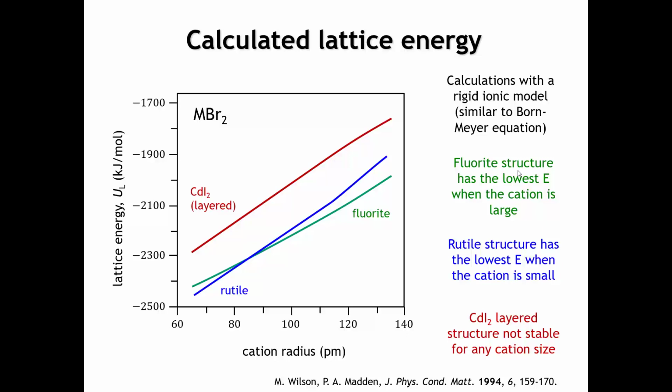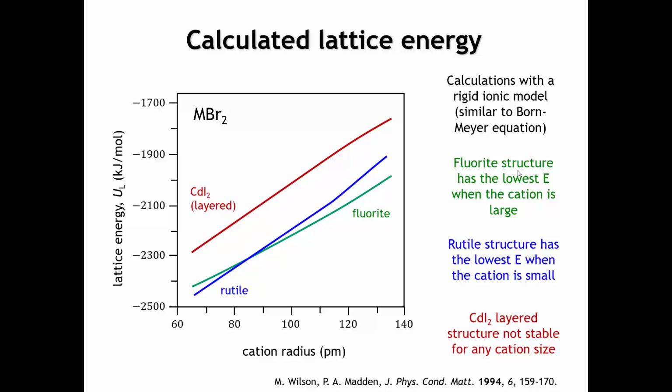What they've done here is calculations that are similar in spirit to the Born-Meyer equation. They've got a somewhat more sophisticated way of treating the repulsive interactions between ions, and I think they also added maybe in some dispersion forces. But it does allow them to make predictions of lattice energy as we change the radius of the cations.